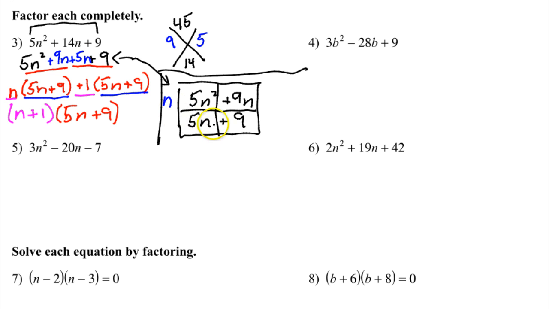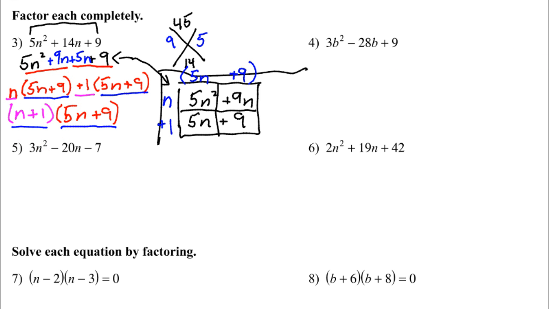What can you take out of the second row? Nothing really, so just 1. What can you take out of the first column? 5n. What can you take out of the second column? 9. That gives you the same two binomials, 5n plus 9 on top, n plus 1 on the side. So that was the box method and also just the regular factoring method, whatever works for you.